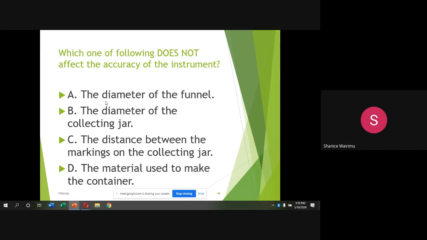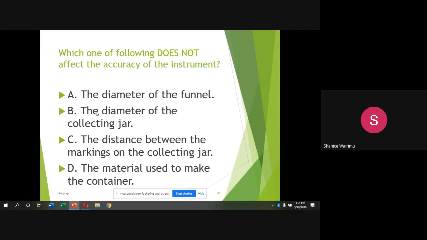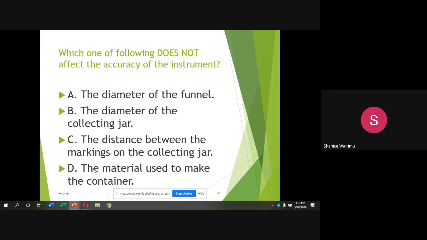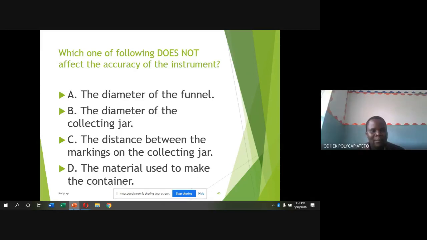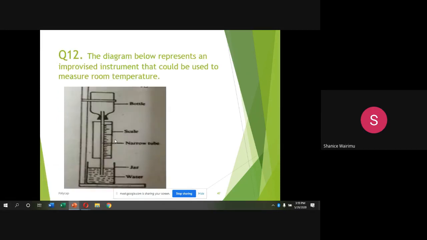A, the diameter of the funnel. B, the diameter of the collecting jar. C, the distance between the markings on the collecting jar. And D, the material used to make the container. Which one does not affect the accuracy of the instrument?